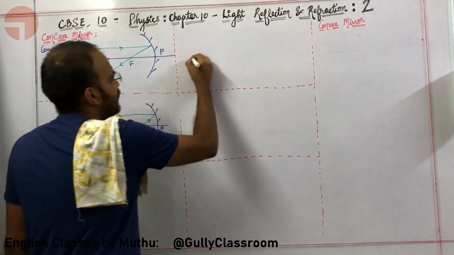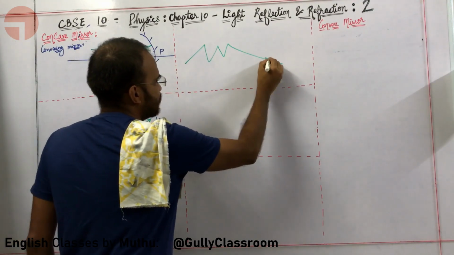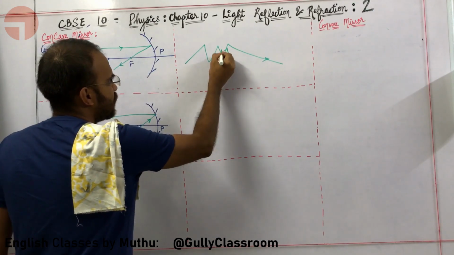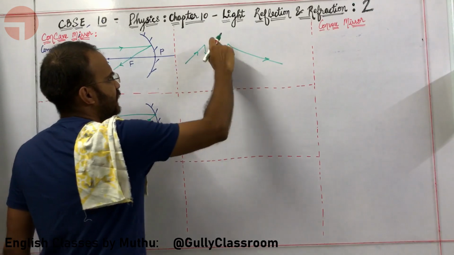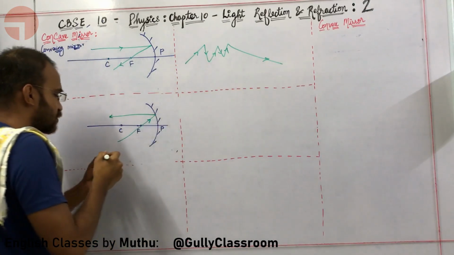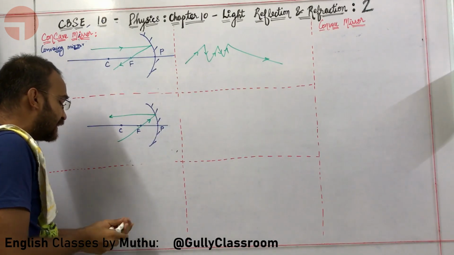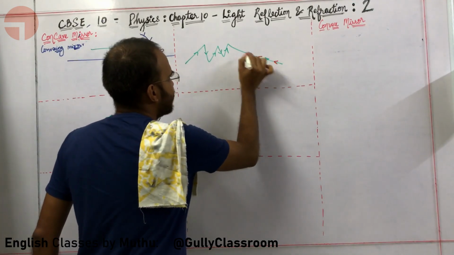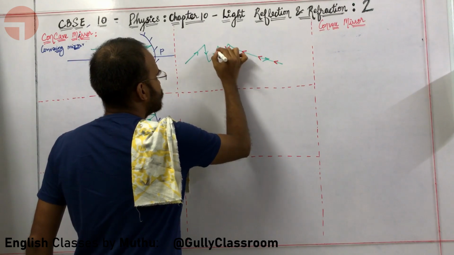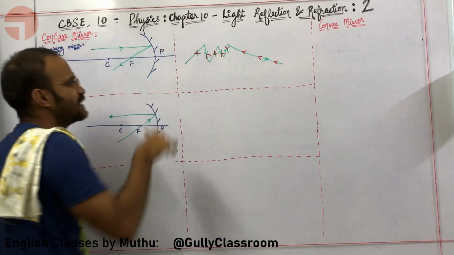Let us say light takes a specific path like this. It is coming like this, getting reflected and going like this. If you are inverting the path of light, light will follow the same path in the opposite direction.